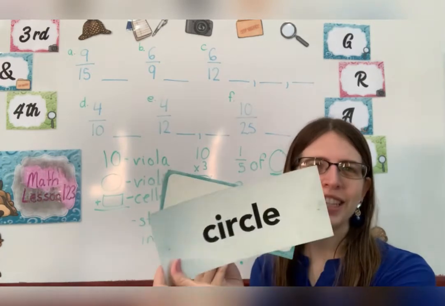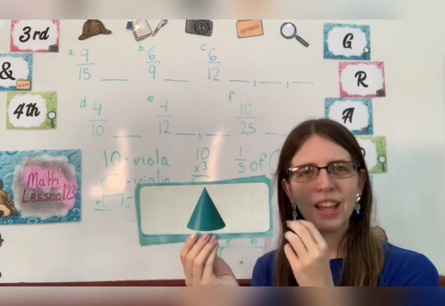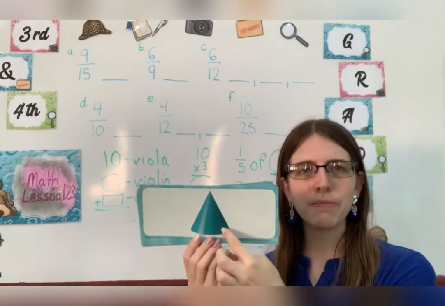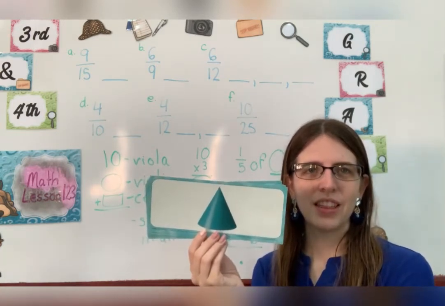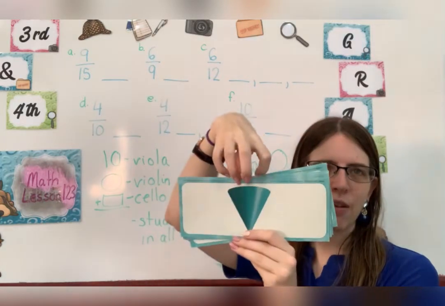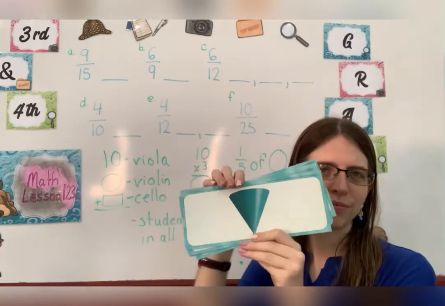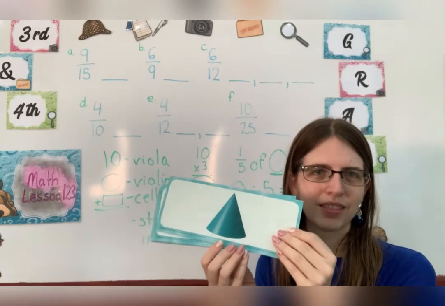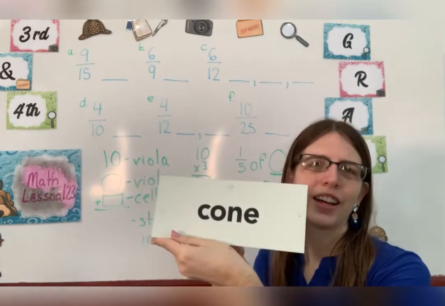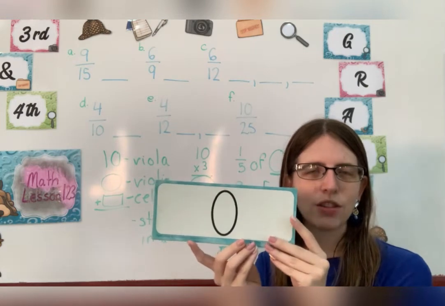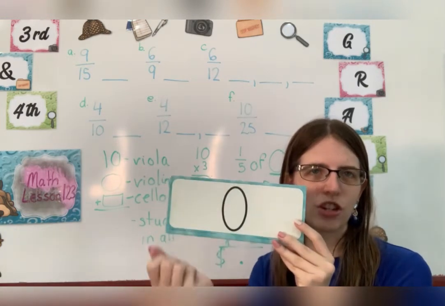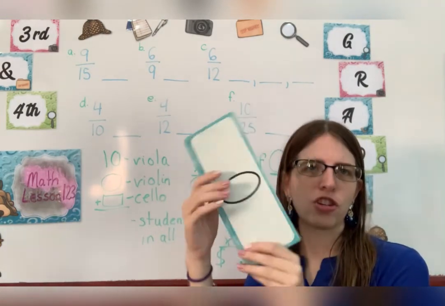Circle. I hope that was an easy one for you. What is this one? It has a round base and comes to a point. Think of it as if you have yellow right here. Cone. Very good. This one's like a circle, but it's stretched, or you might think of it as squashed.